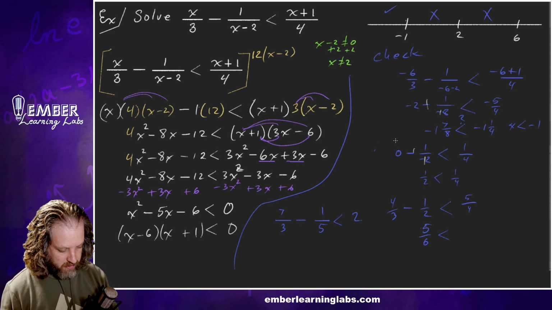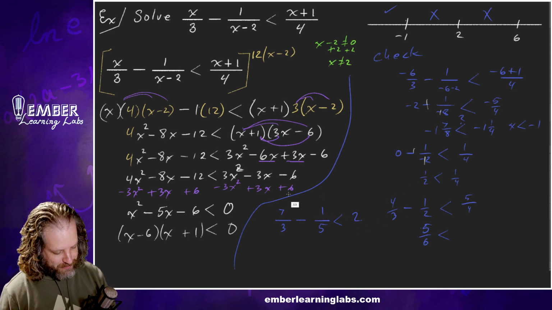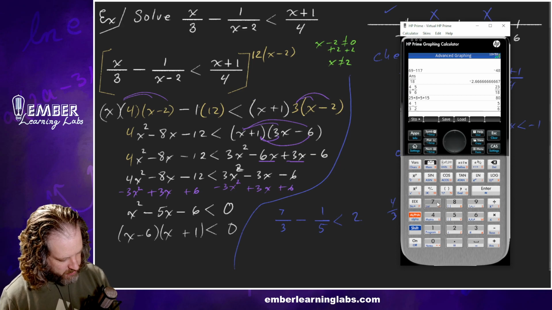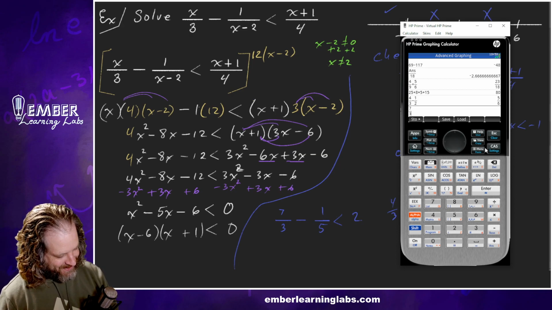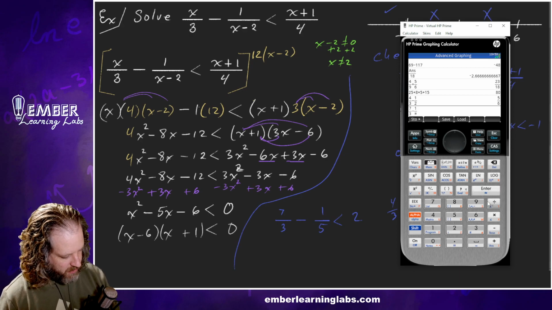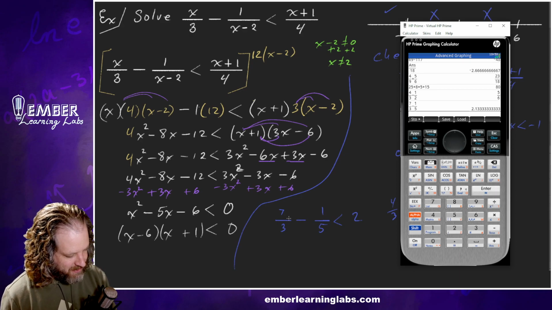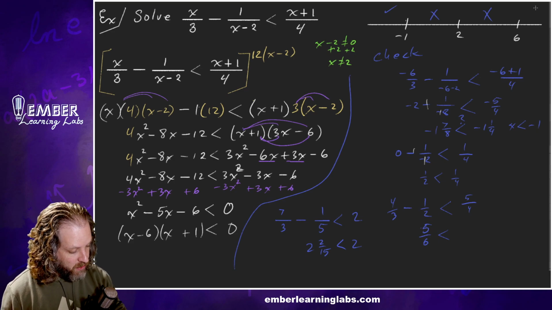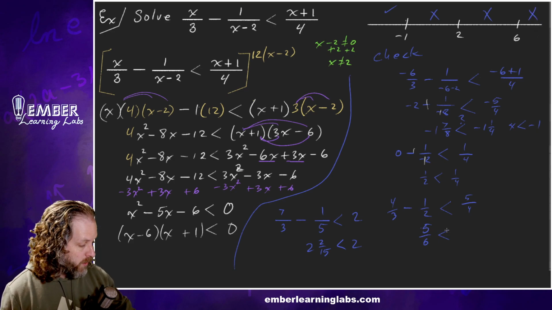Okay, so again, we're gonna just put this side in the calculator just because we don't trust me right now, right? I don't trust my brain right now. Do y'all trust my brain right now? Probably not. It is a fraction. 32 fifteenths. Actually, I'm going to do it as a mixed number. 2 and 2 fifteenths. So is 2 and 2 fifteenths less than 2? No, it is not. No, it is not.